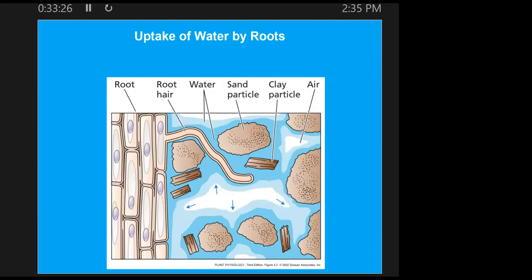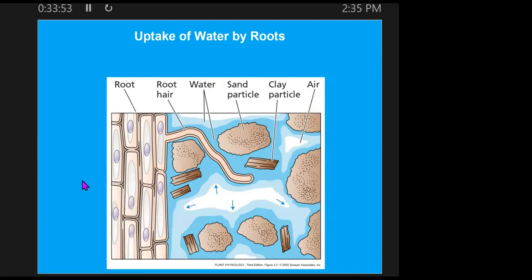So now let's think a little bit about what happens when the plants want to start taking that water from the soil up into their body. When they do that, it's actually the root hairs that do the majority of that. Their root hairs are really well designed for water uptake. They're trying to show here that water is in the blue, the air pockets are in the white.